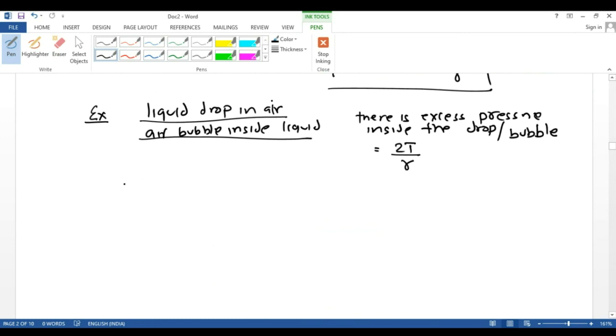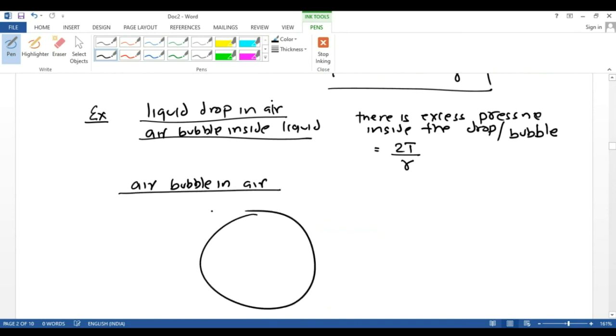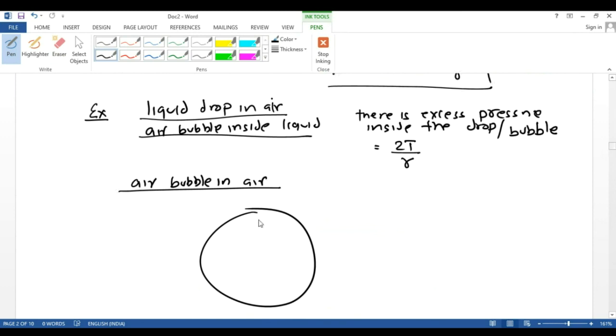But if we have an air bubble in air, you must understand what is happening here.